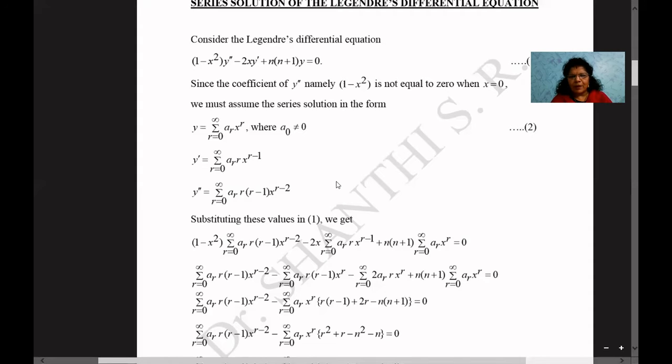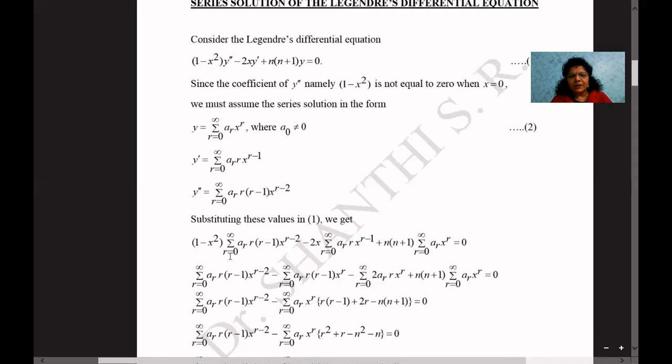Thus, we have obtained this line by substituting in equation number 1 the values of y double dash, y dash and y. Now, I am going to split this into two terms, that is 1 into sigma and minus x square into summation. 1 into any number is the same thing.